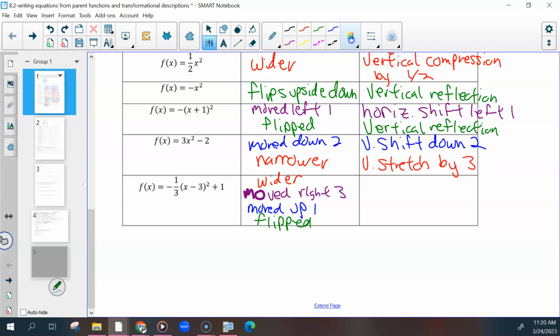Okay, so let's write the rules for all those. If it got wider, what is that rule? Compression by a factor of what? Or by what? By how much? Which one tells us it was vertically compressed?